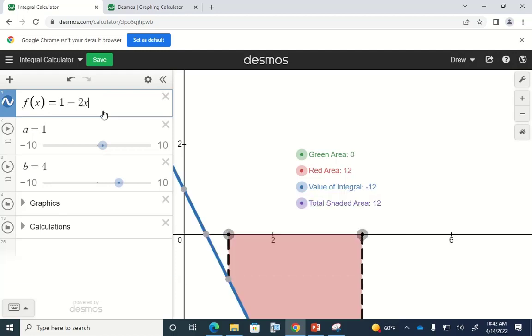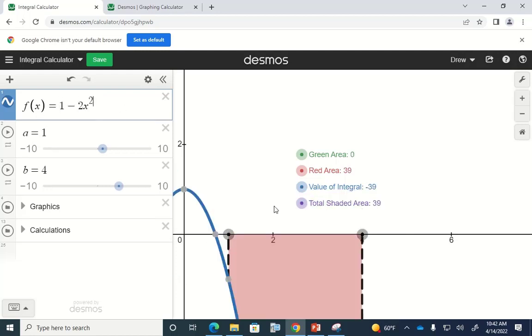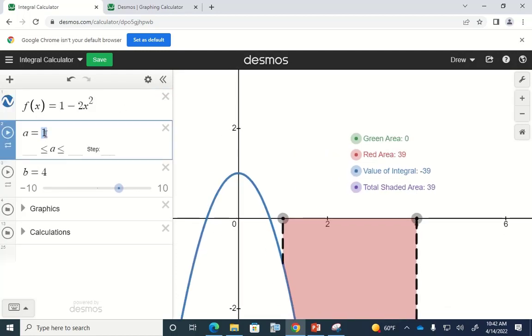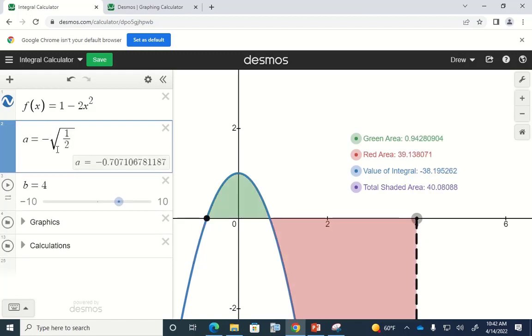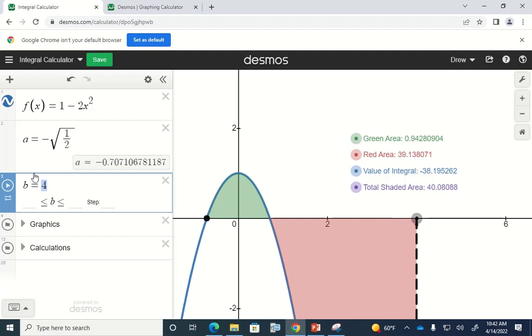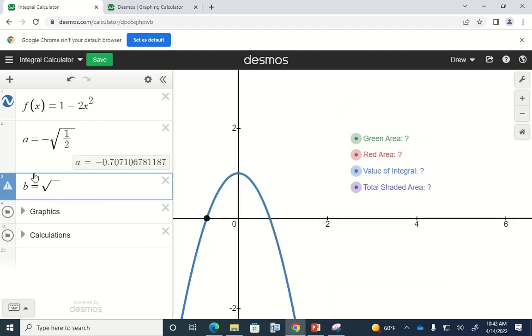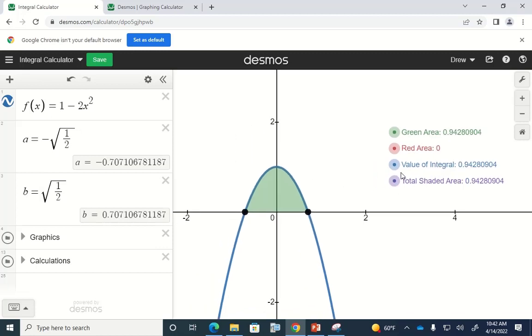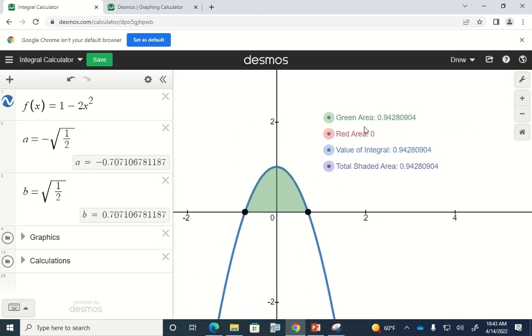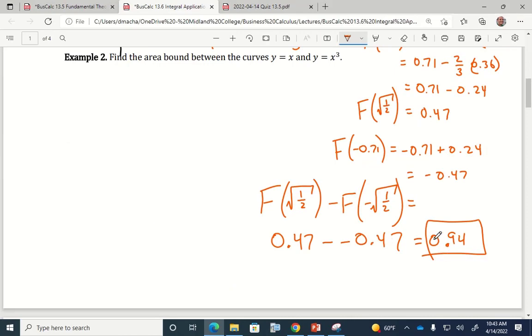My lower bound is going to be negative square root of half. My upper bound is going to be positive square root of half. So that area should be 0.94. And that's what we got.